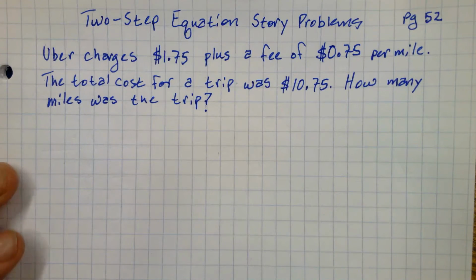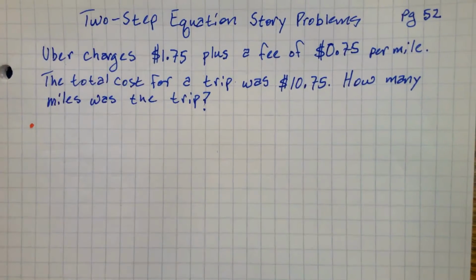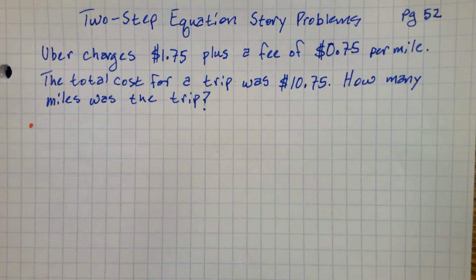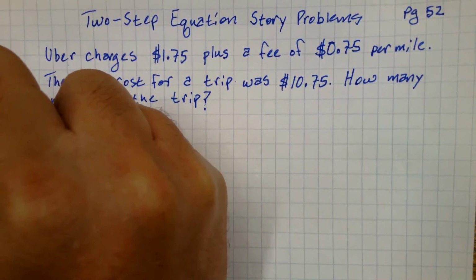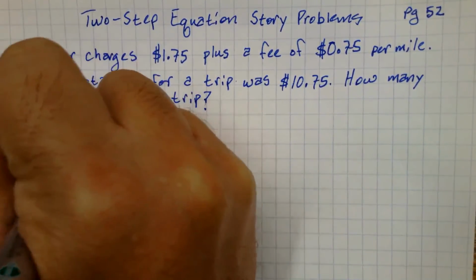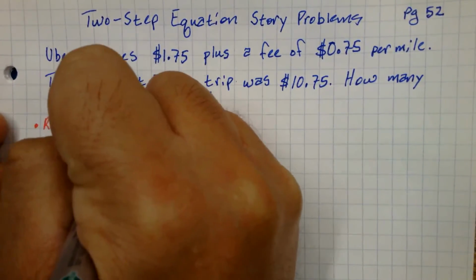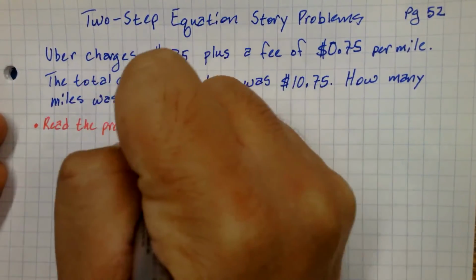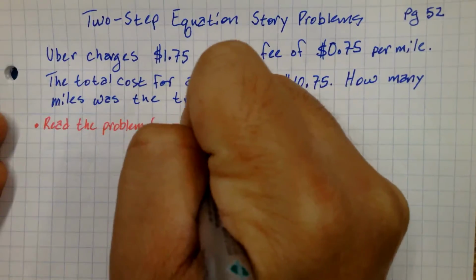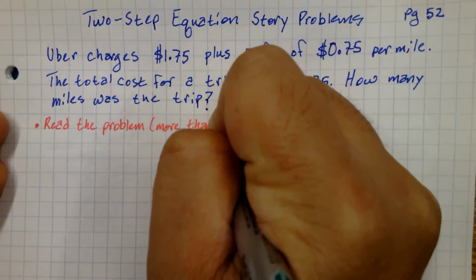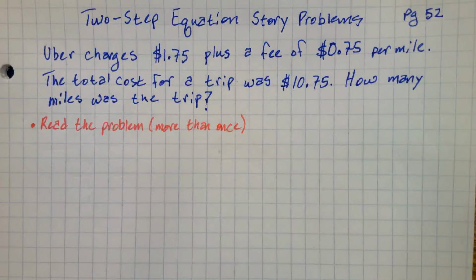So step number one, I'm just going to read the problem more than once. And we're reading for understanding, understanding the story, the situation.